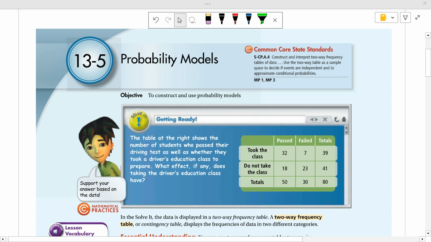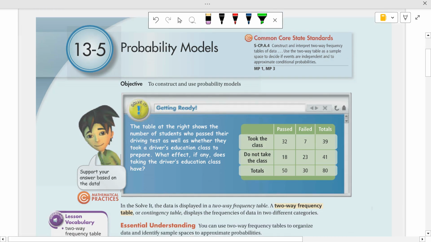If they did not take the class, then only 18 of the 41 passed. So if you took the class, you have a better chance of passing the test than if you didn't, because you have a 32 out of 39 chance versus an 18 out of 41 chance of passing the test.